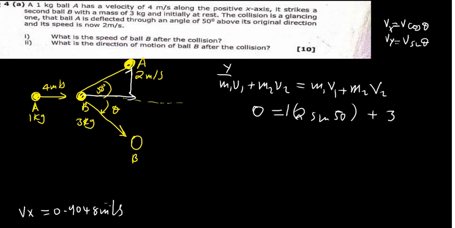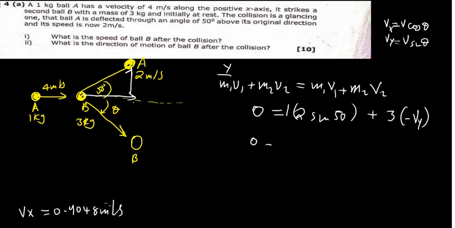And then plus m2, that is 3. Now we can see that for m2, it is deflected in the opposite direction. In the x, they're all going in the same direction, forward. But in the y, one is going up, one is going down. So for this one, I'm going to attach a negative on vy because it's going in the negative y direction.